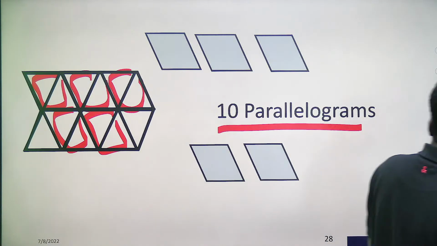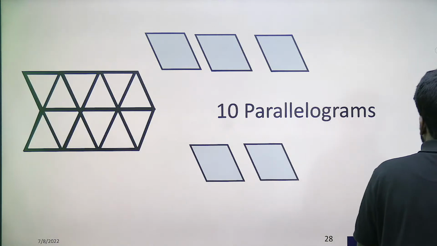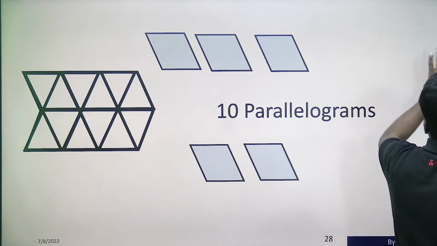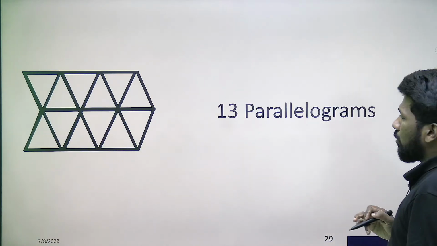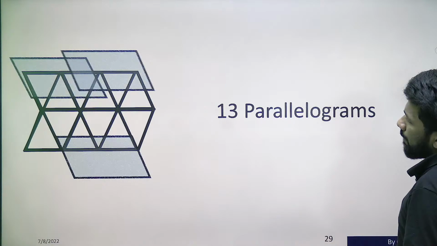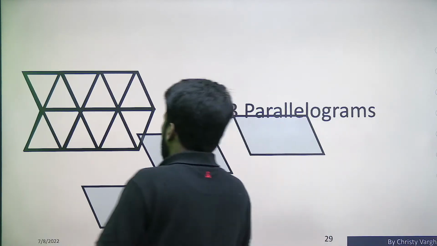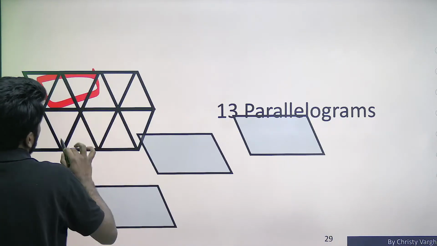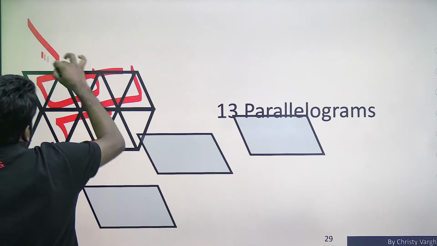Please respond. 10 parallelograms clear hai na? I'm sure most of you have got these 10 parallelograms. Let's continue. Yeah, this may be the 3 parallelograms you have missed. 3 more parallelograms, sorry, not this, these 3 also most probably you may have got. This one, this one, this one. In this direction.